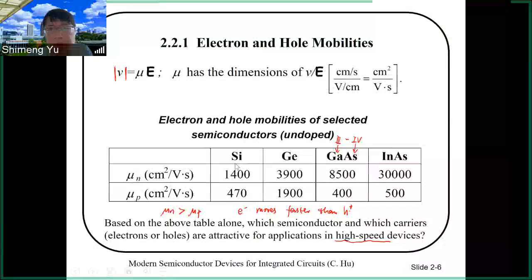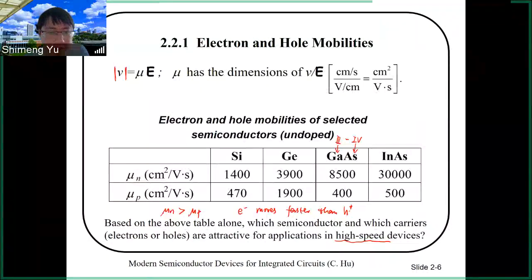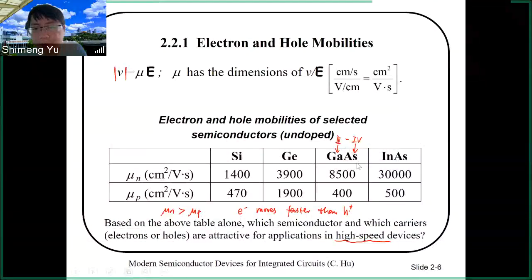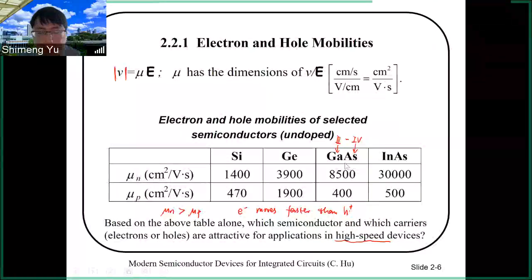Another reason is that silicon wafer is cheaper in terms of the fabrication cost. So silicon is good enough for the typical gigahertz clock frequency for your digital computing. But if you are talking about the microwave or the millimeter wave, the terahertz communications, in those circuits you may have to use the 3-5 transistors. So this is for special applications. Any questions?